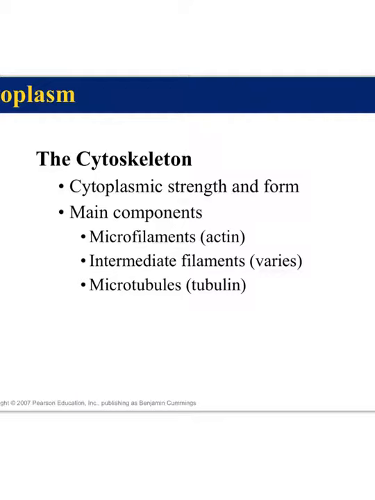The microfilaments are mostly actin. There are intermediate filaments, which are a little bit thicker, and those vary by type. And finally, there are microtubules made of tubulin, which also help direct the movement of chromosomes during mitosis and meiosis.